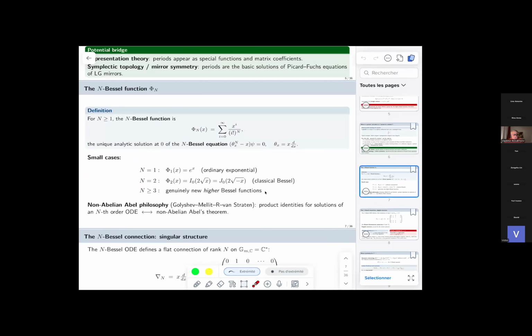And for us, it was part of some general philosophy, which is still unpublished.